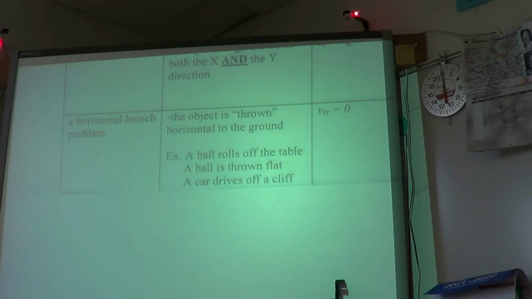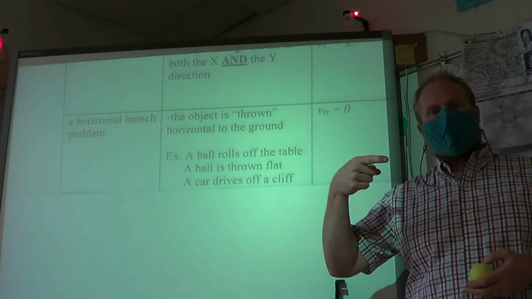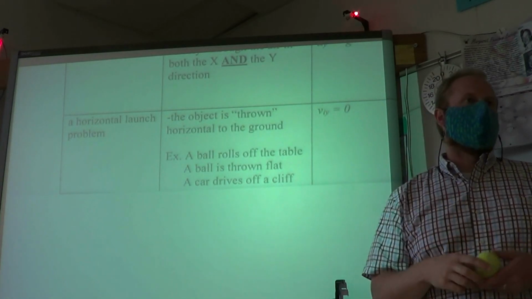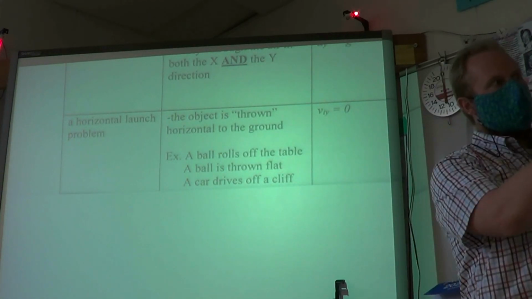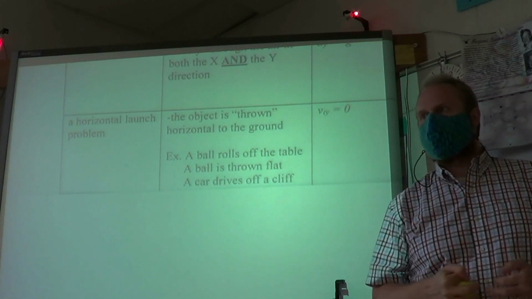How did they shoot that gun? At some angle or horizontal? Horizontal, right? They used a level, they tried to level it as best that they could, and they fired that bullet horizontally. And as soon as that bullet left the gun, what force is pushing the bullet down range?